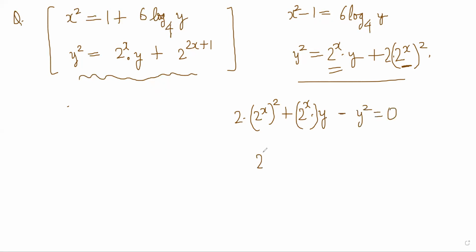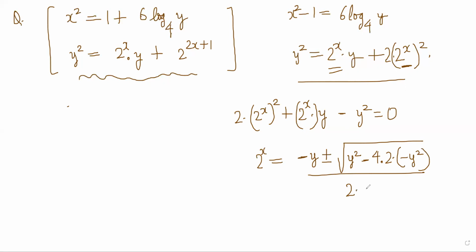So let's solve for 2 power x as a quadratic. 2 power x should be equal to minus b, so minus y plus minus root over y square minus 4 into a, which is 2, into c, which is minus y square, by 2 into a, which is 2. You're getting 2 power x is equal to minus y plus minus the square root of 9y square, by 4.